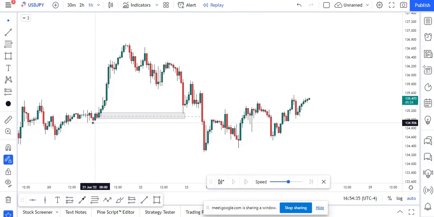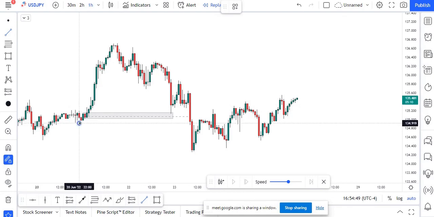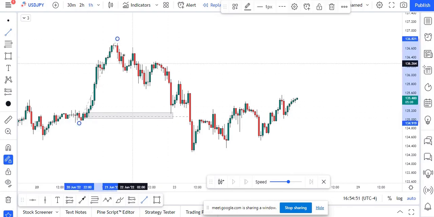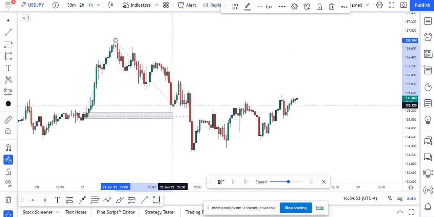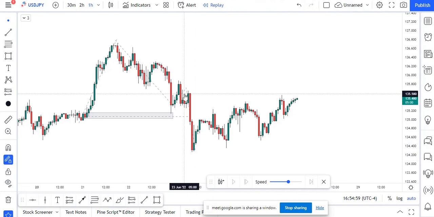But that right here is a supply and demand flip, because that was the last candle from where we saw the momentum. So that is the last demand zone. So price at this level flipped the demand zone. So we know that the demand zone has been flipped by the coming supply. All right, that means that if the demand zone is flipped, we have the supply in control.